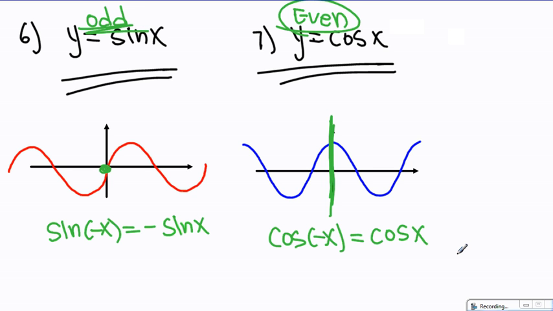All right, let us examine a few more questions, and then let us see what happens. Now, next one. What if I were to give you something like this? Number 8, I believe it is number 8: y equals x to the 4th power plus x squared plus 1.